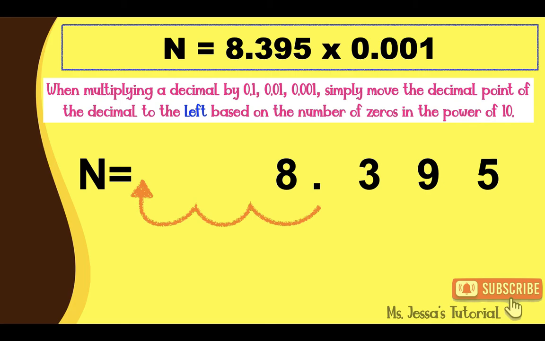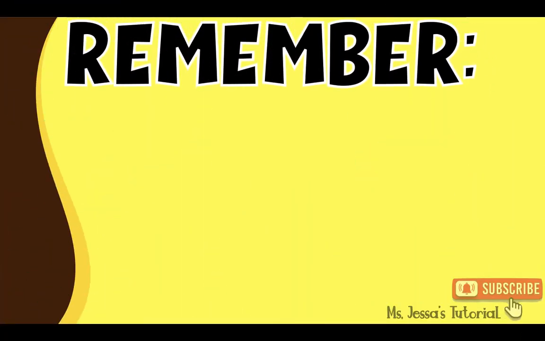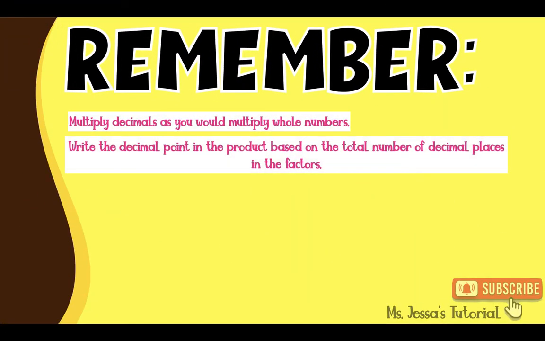So that means the decimal point will be here. Then we're going to put 2 zeros before the decimal point. So the answer is 0.008395.